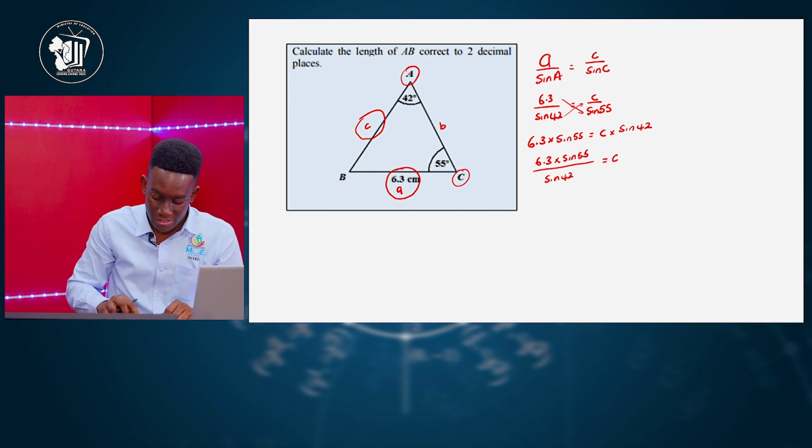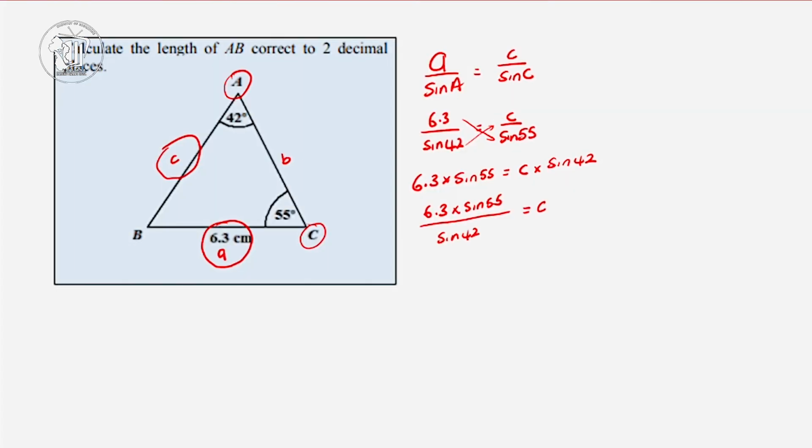So we'll have 6.3 multiplied by sine 55 is equal to, and we divide that answer now by sine 42. So we'll end up with a value of c being equal to 7.71248. And to round this off correct to 2 decimal places, we see c would be equal to 7.71.